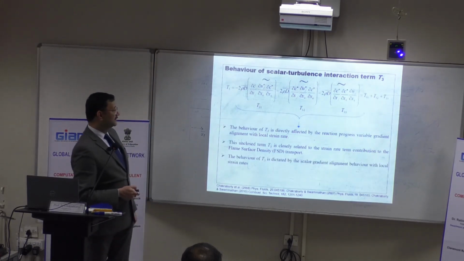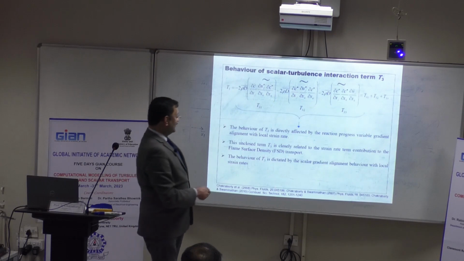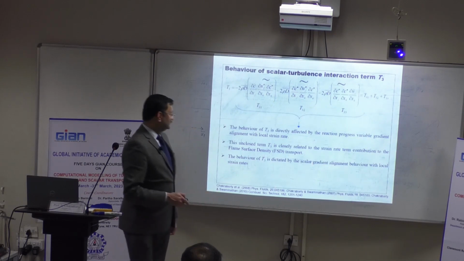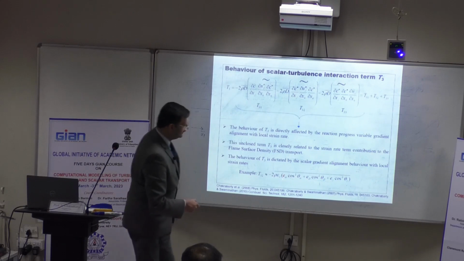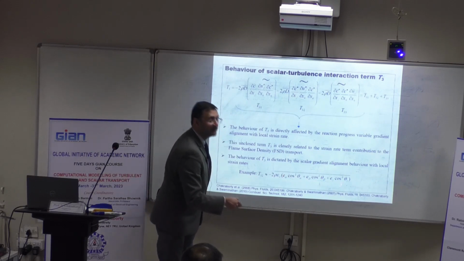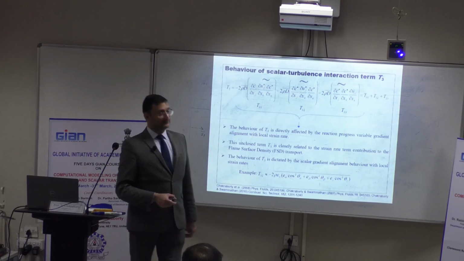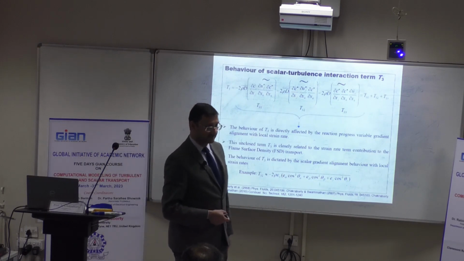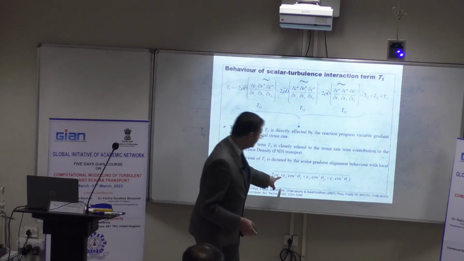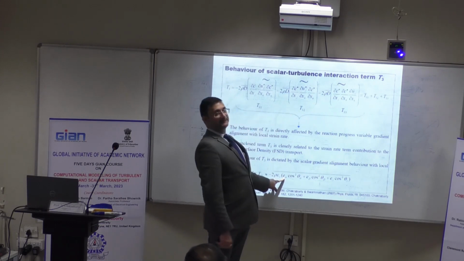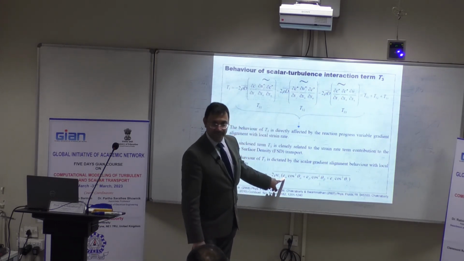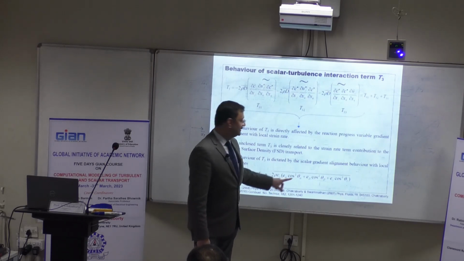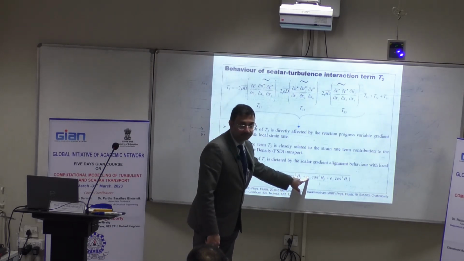So you cannot get away with it, and it is dictated effectively in this manner, where E alpha, E beta, E gamma are the eigenvalues of the strain rate tensor. This is the most extensive principal strain rate, that means the most positive eigenvalue. Here, E beta is the intermediate one.